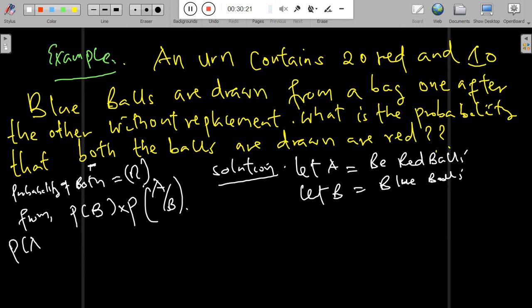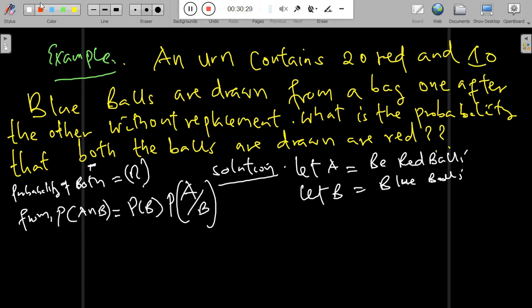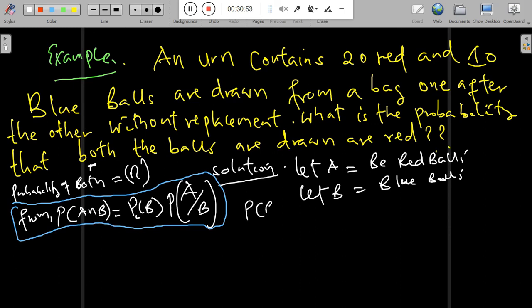But we want to find the probability of A intersection B. The probability of A intersection B is given by taking the probability of B times the probability of A given B. So this is the formula that we apply in this kind of scenario. We let A represent the red balls and B represent the blue balls.